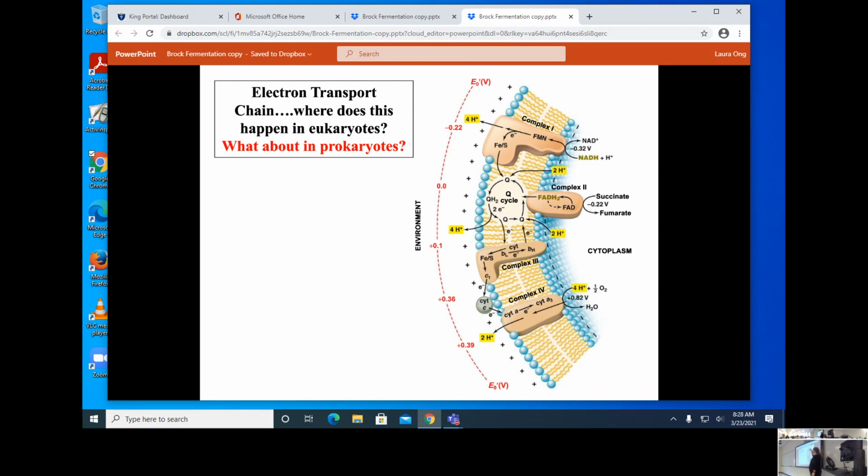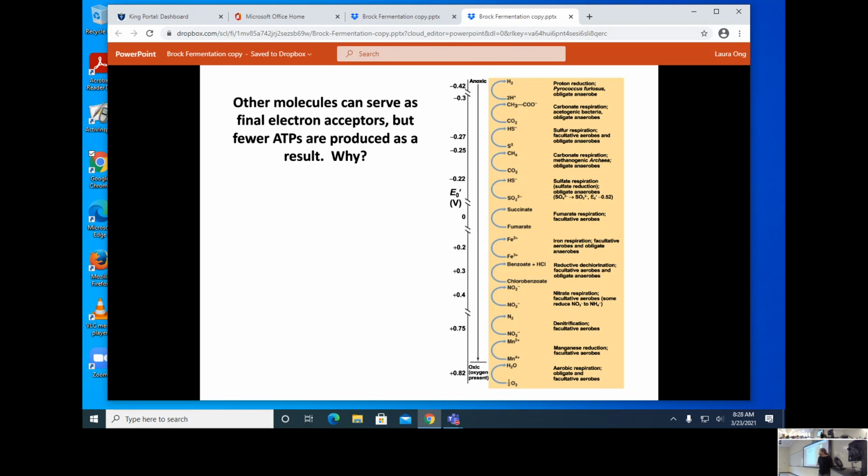The cycle's different. The players are going to be different from what you learned about eukaryotic aerobic respiration. But what you look for is the end of it, which on this picture is actually down here. Do you ever see oxygen gas involved? It's actually right there. It's so tiny. You may not be able to see it from where you sit, but there is oxygen gas involved in the electron transport chain in this picture.